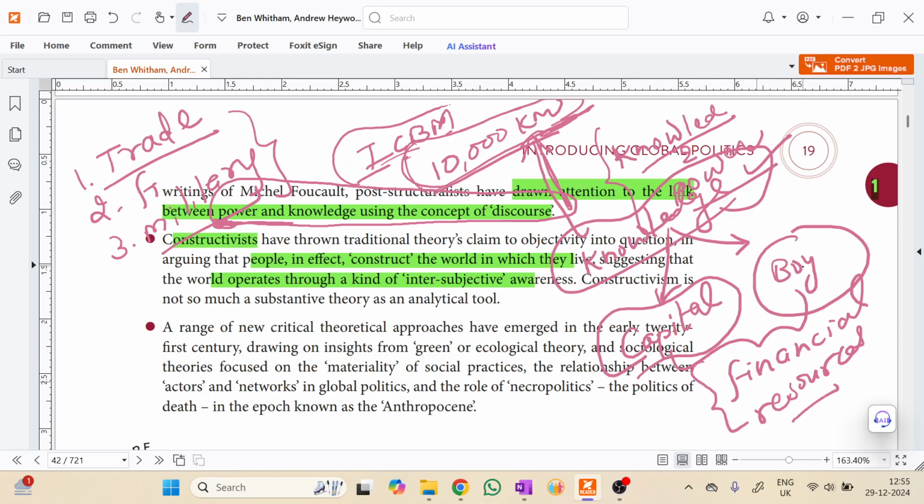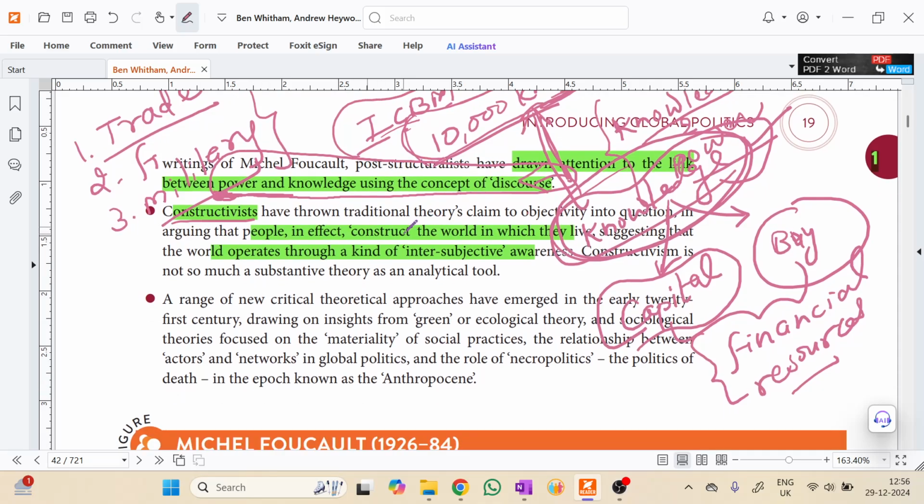Those financial resources can be given to it, but the ultimate production of such knowledge is a powerful upgradation, a powerful template, or powerful footstep in terms of international relationship. So this is the gist of post-structuralism.